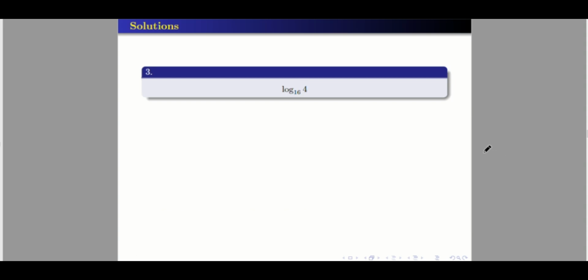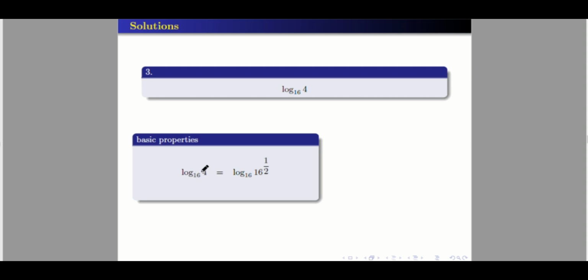Number 3, log of 4 base 16. Take note that our base is 16, so we can rewrite 4 in terms of 16. 4 is the square root of 16.